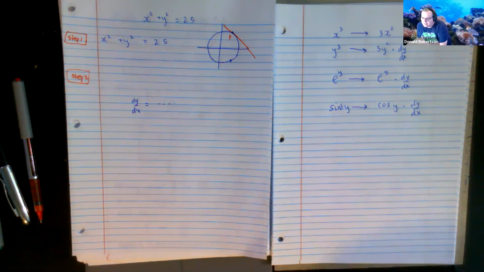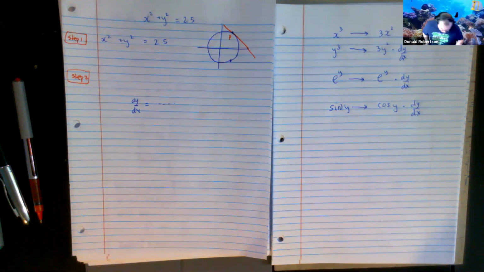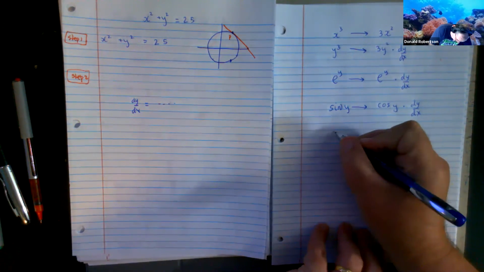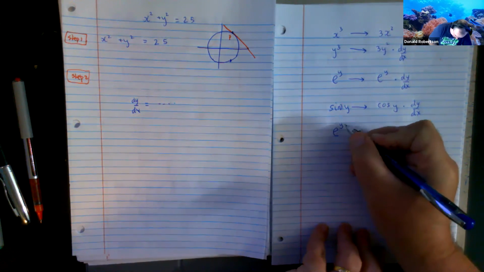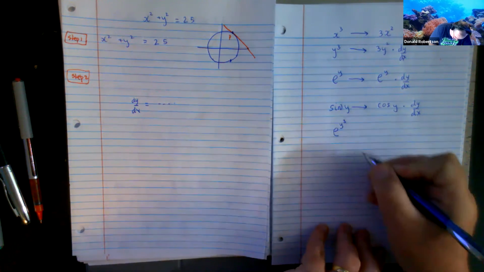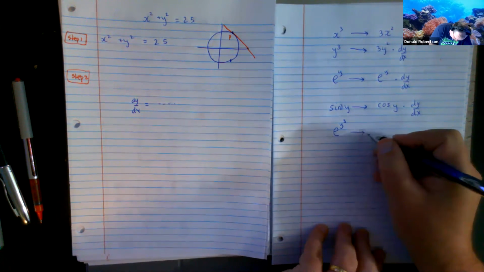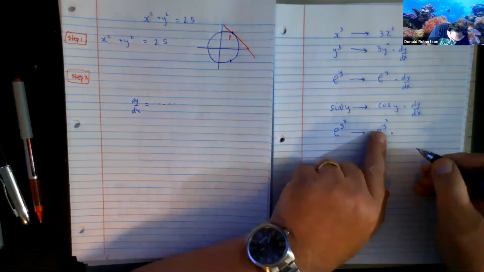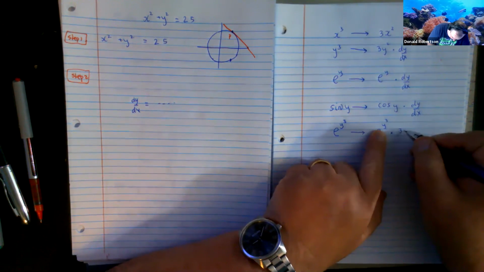So keep in the back of your mind, whenever I differentiate anything with a y in it, make sure that you finish with a times dy by dx, and you should be pretty safe. So you can do almost anything. If I wanted to differentiate e to the power of y cubed, you would get e to the power of y cubed times the derivative of y cubed, which is 3y squared, and you finish with the dy by dx.